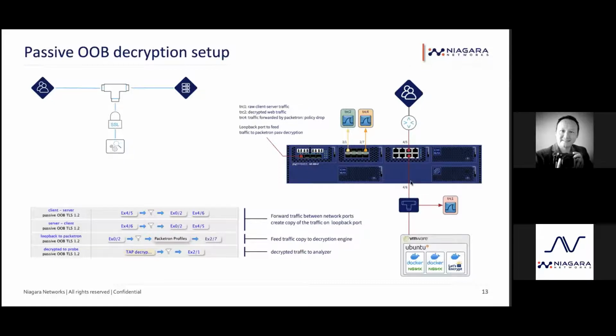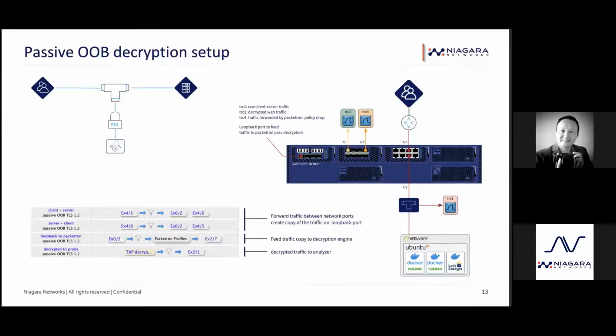I have port 46, where my server is connected, and my server actually is just a virtual machine. It's running VMware. On that VMware, I run an Ubuntu Linux version with 2 web servers, and Let's Encrypt as the provider for the SSL certificates, so TLS certificates. I connect a passive tap in this link to show that the connection between the client and the server is actually connected.